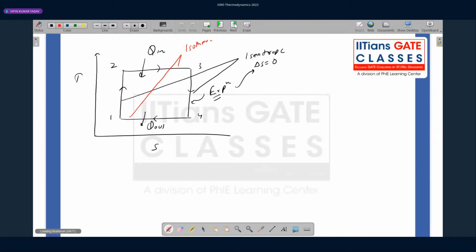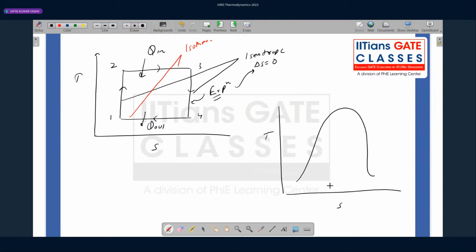That is correct, but it is not entirely correct. Why? This is your T-S diagram, with points 1, 2, 3, 4.